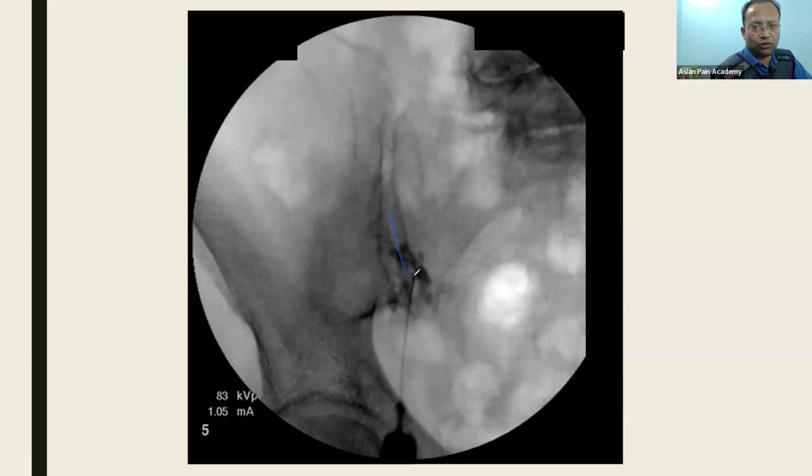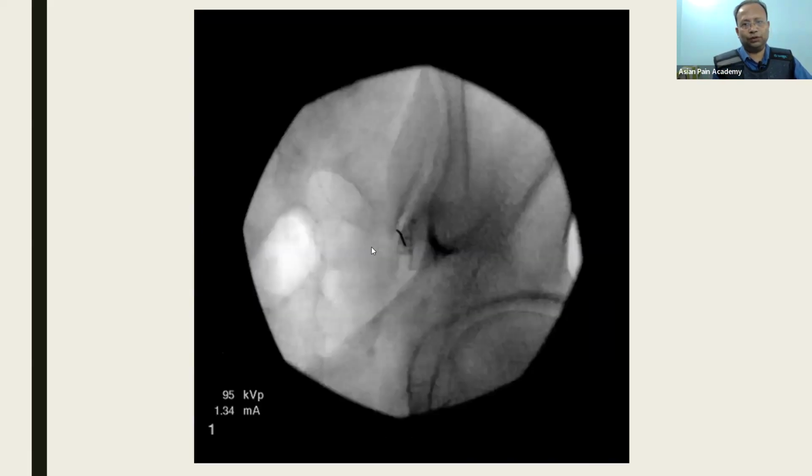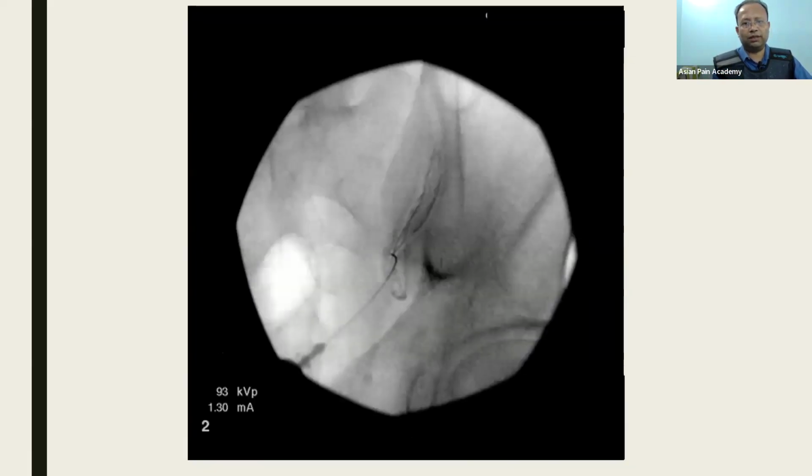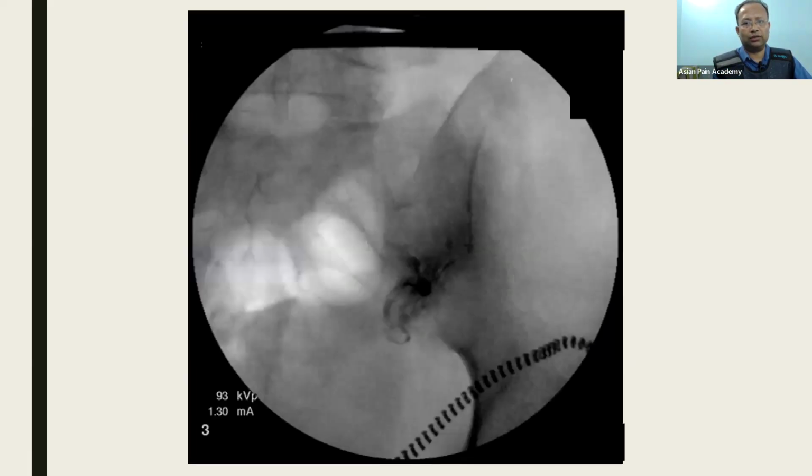Most of the time it should go like this, then you are inside the joint. So this is before, and you can see nicely the contrast is going inside the joint, going up.